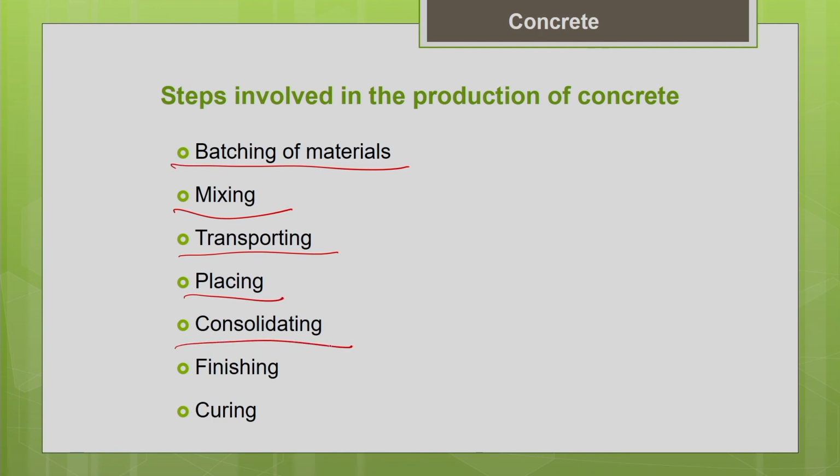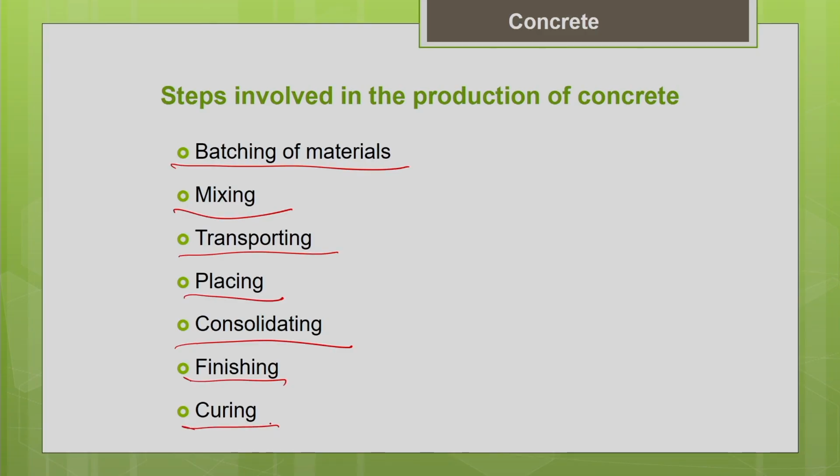Consolidating is nothing but commonly adopted vibration methods to eliminate the entrapped air, so whatever air was entrapped during the mixing of concrete can be removed by the consolidation process. Then finally, you finish it to the required texture. The last step is the curing of the concrete, to facilitate the continued hydration of the concrete so that we can attain the desired strength. These are the basic steps involved in the production of concrete. We are going to discuss all these steps one by one in detail in the upcoming slides.